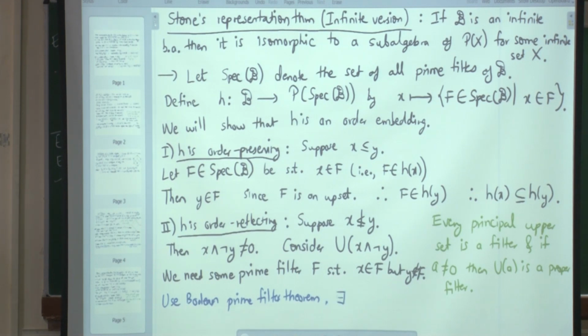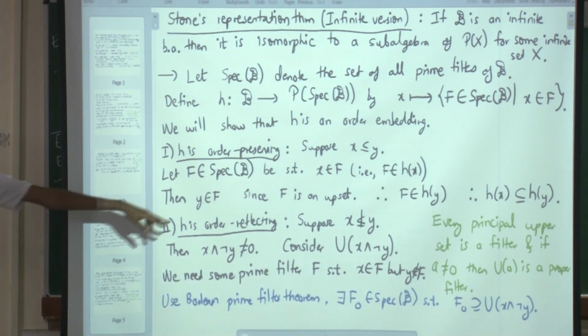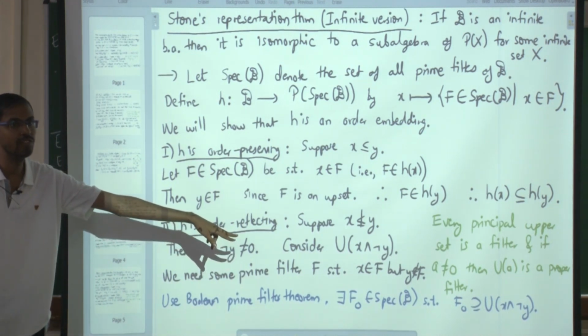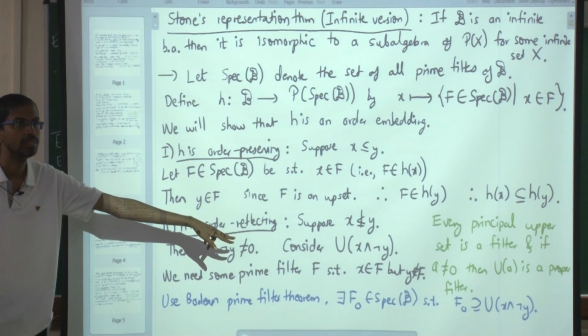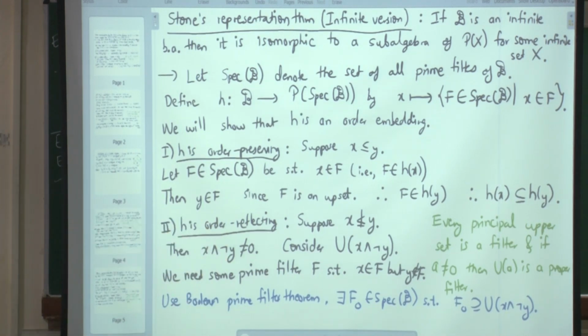There exists an F0 in spec such that F0 contains the upper set of X meet negation Y. The upper set of X meet negation Y is a proper filter. Yes? So, let me write it. This is a proper filter. Why is it proper?